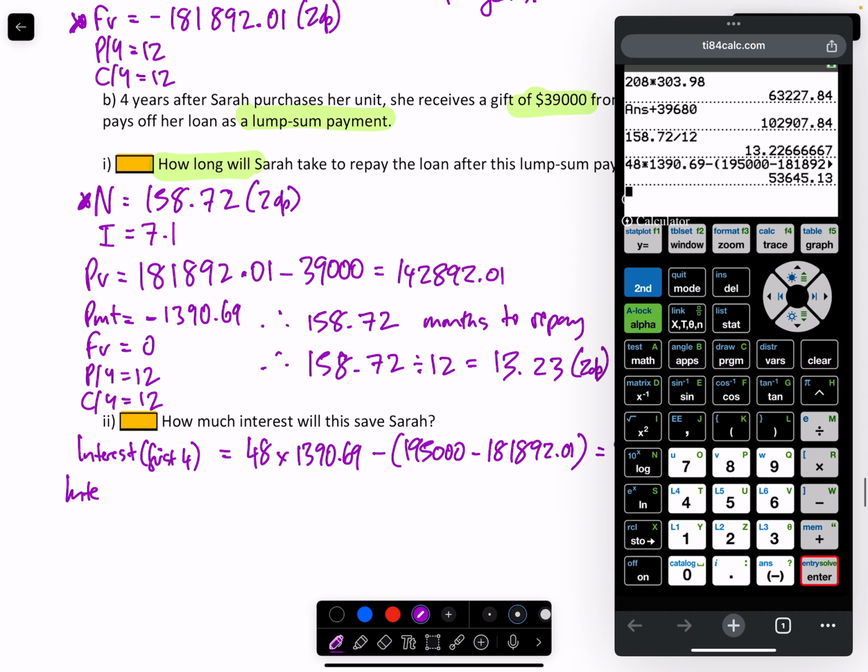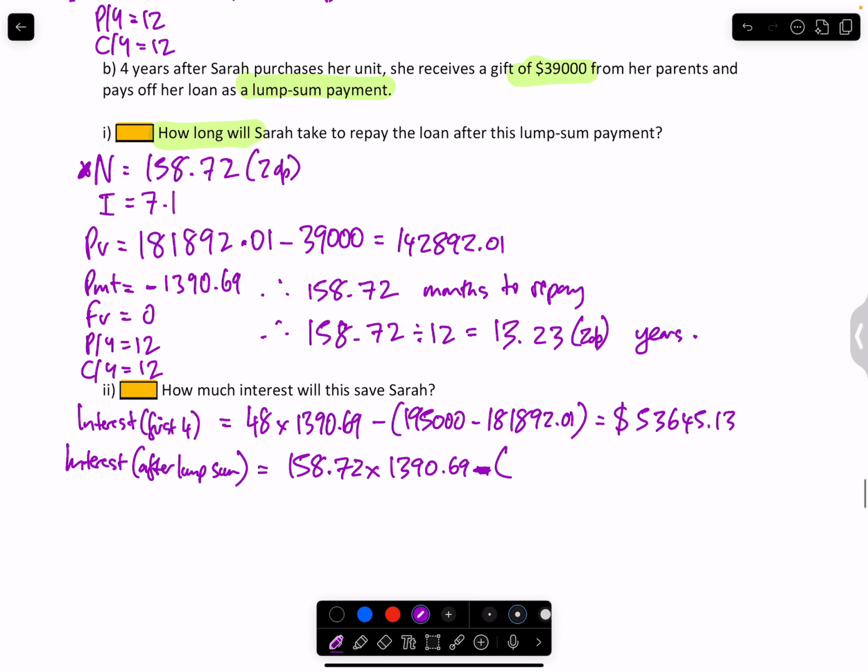Interest after lump sum was 158.72 payments of 1390.69. Take away. Now remember, after the lump sum, my starting debt was brought down to $142,892.01, and I got the debt down to 0 at the end.